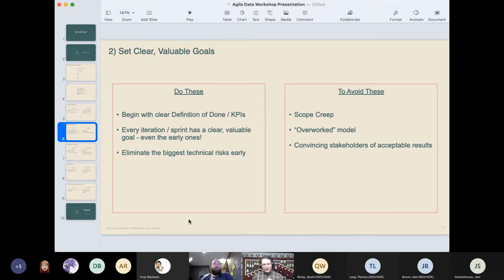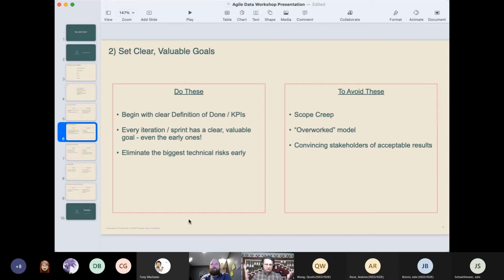Second, every iteration or sprint has to have a clear, valuable goal, even the early ones. An early goal for a data science project might look like we can access the following 4 sources of fundamentals data via a single API, and here's the spec for that API, right?